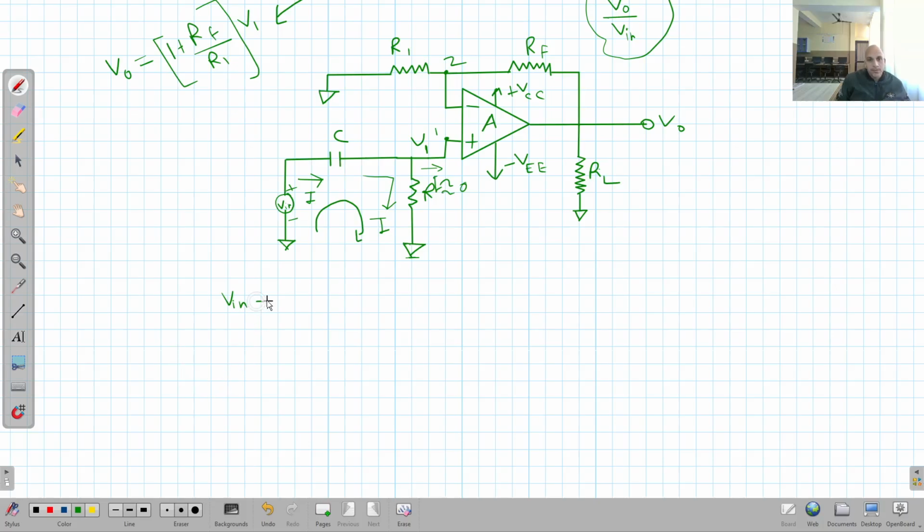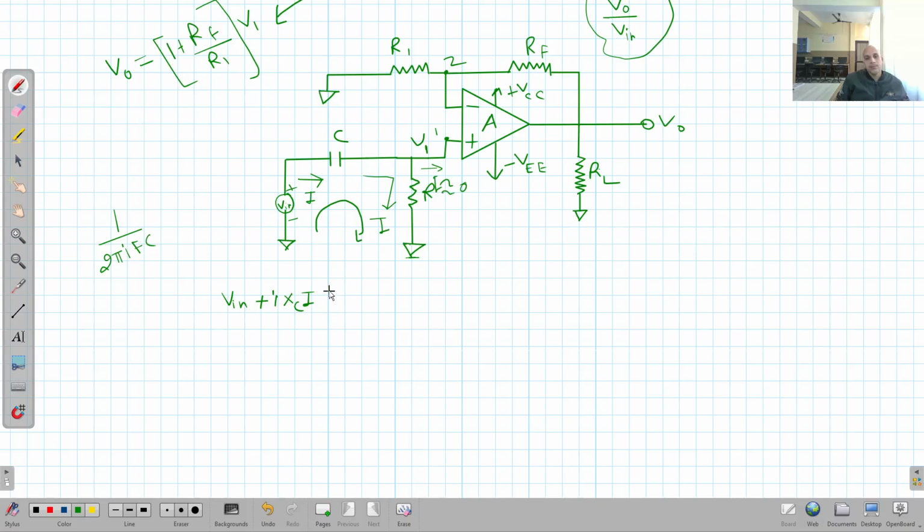Minus jXC into I. What is jXC? It is the capacitive reactance. But what is capacitive reactance? 1 upon 2 pi j fC. So I am taking j in the denominator, so obviously it will become positive.